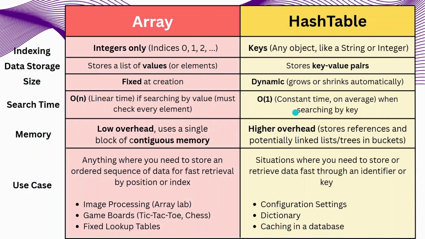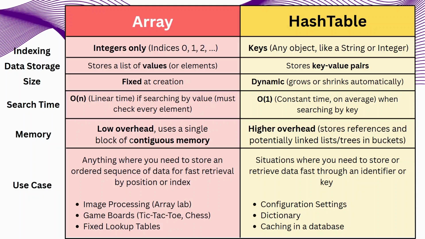And an important difference in their memory is that arrays have low overhead. Hash tables have higher overhead because they have to store extra information like references and pointers internally to manage their fast access and their dynamic size. An array is a fixed size structure that uses contiguous memory.